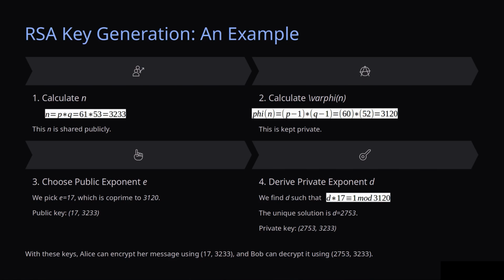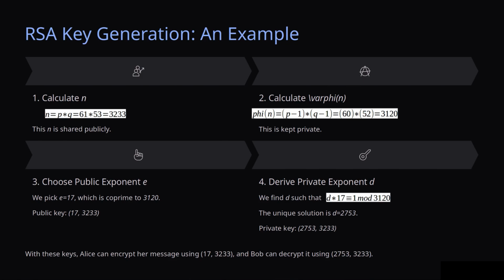Phi of n is p minus 1 times q minus 1, which in our example would be 60 times 52, which is equivalent to 3120. After that, we choose the public exponent e. In this case, we can just simply take 17. Why 17? Because it's coprime to 3120.